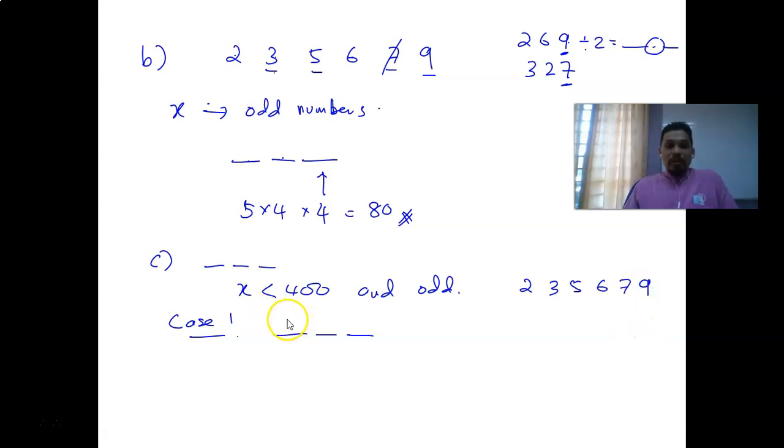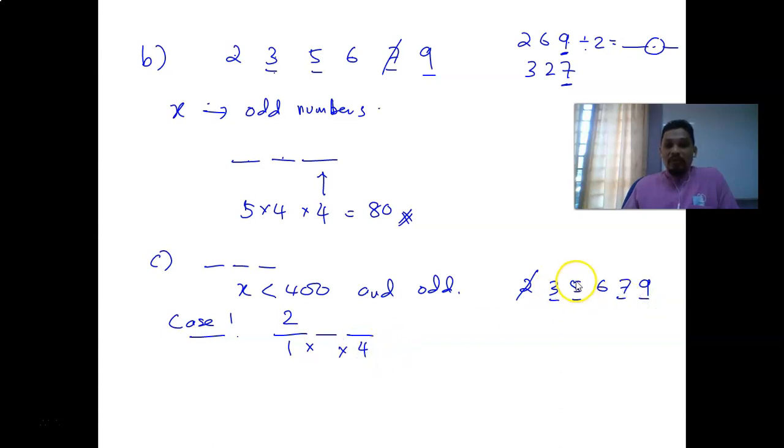If we begin with 2, there is only 1 way of selection, because X is less than 400 and cannot begin with 5, 6, 7, or 9. It is an odd number, so how many odd digits are left? 1, 2, 3, 4, so 4 ways.